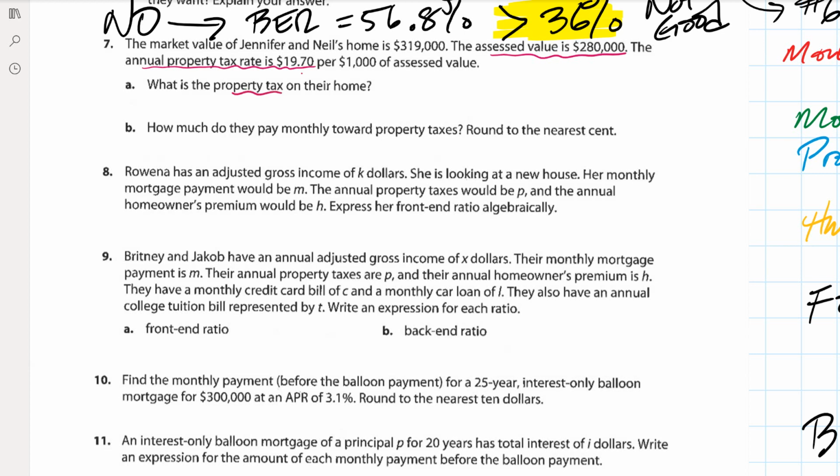So when you want to figure out the property tax, well, we know that we have to pay $19.70 for every $1,000. Okay. Now the assessed value is $280,000. So what we're going to do is multiply the property tax rate times $280,000, and we're going to figure out our property tax on our home.